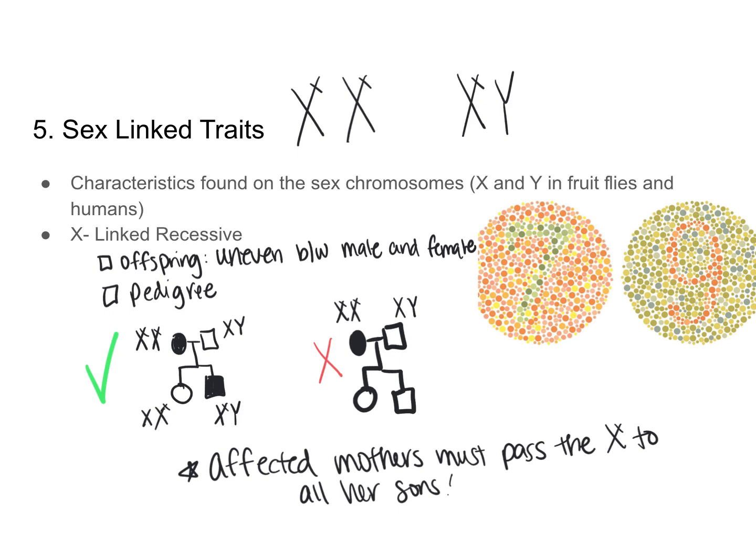Affected mothers, if it's sex-linked recessive, must pass the affected X chromosome to all her sons. If you can spot a section of the tree where an affected mother does not pass it to her son, you can eliminate the possibility that this is sex-linked or X-linked recessive.